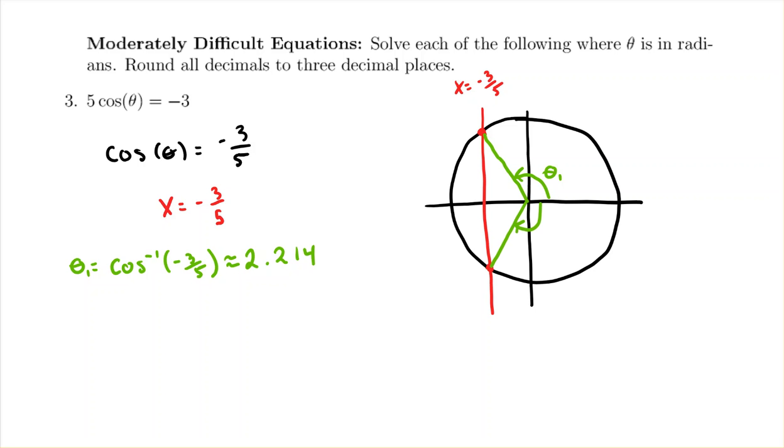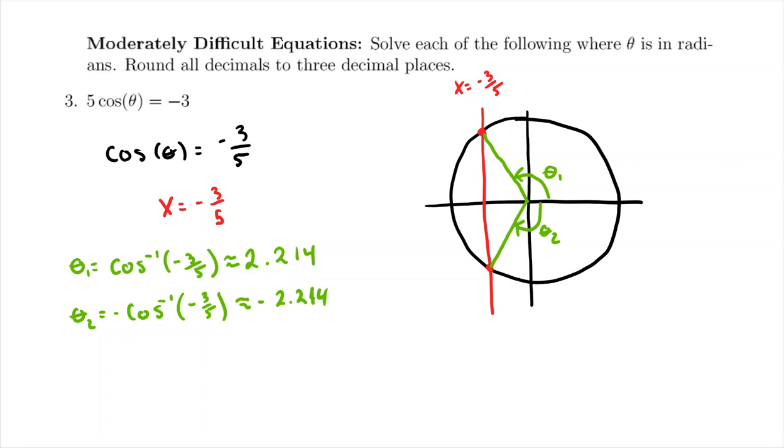Now, that's fine. You can then use symmetries to find a second angle, an angle theta 2. In this case, theta 2, if I draw it like this, is just going to be negative what theta 1 is. So theta 2 is going to be equal to negative cosine inverse of negative 3/5, or negative 2.214 approximately.